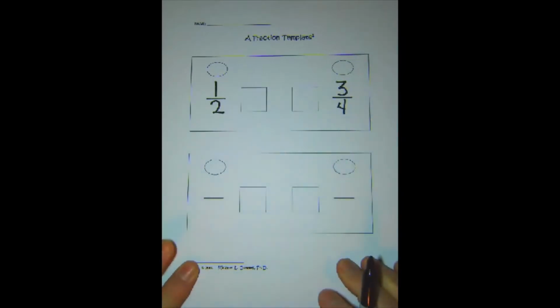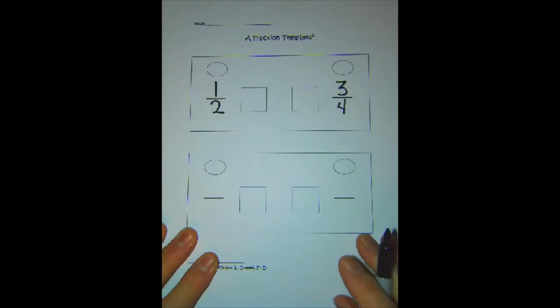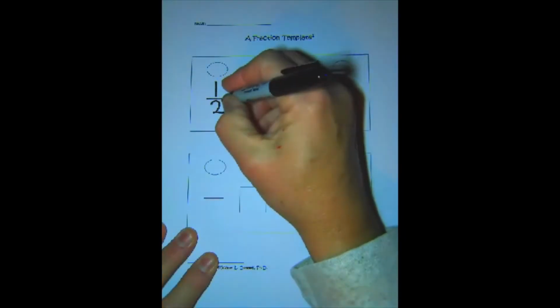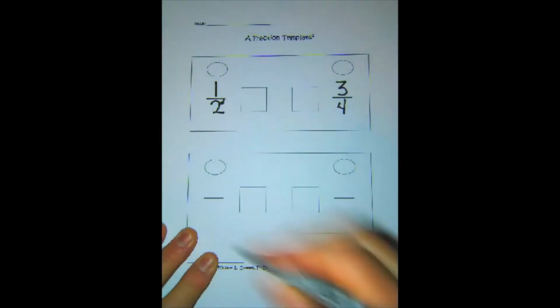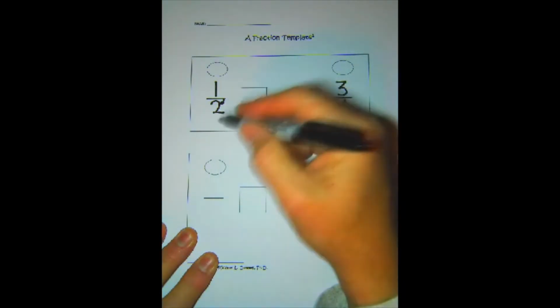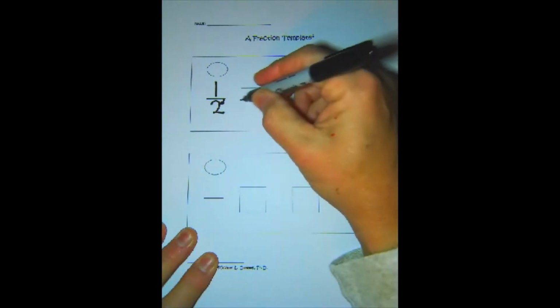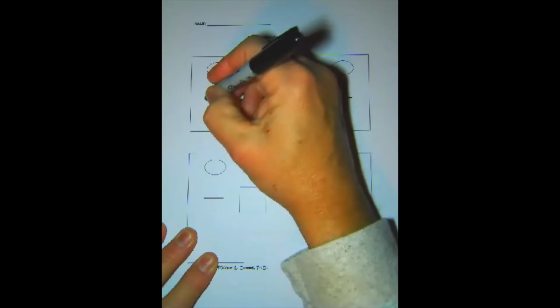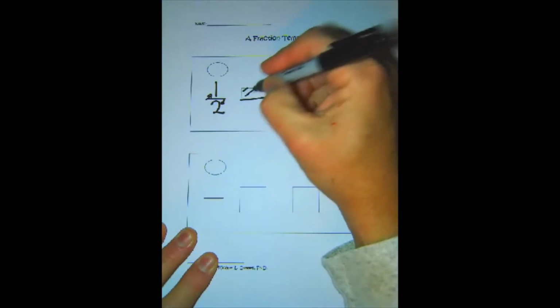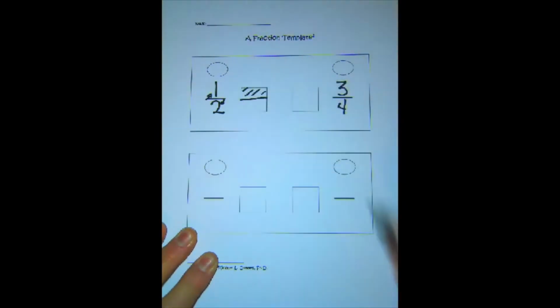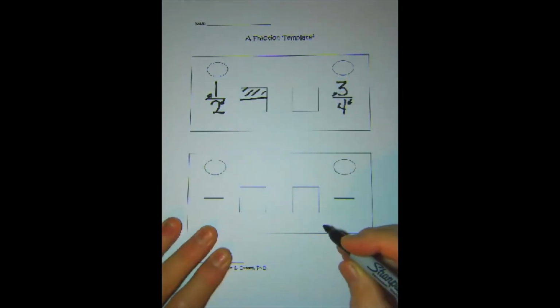And so the first thing we have to do is we have to be able to represent each of these two fractions. And the key here is to remember how to read them. We read this as share with 2 and take one of the two shares. We would read this one as share with 4 and take 3 of the 4 shares.